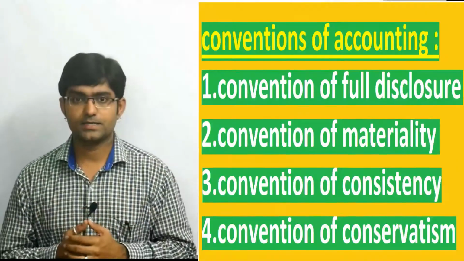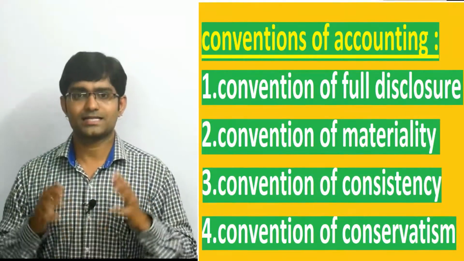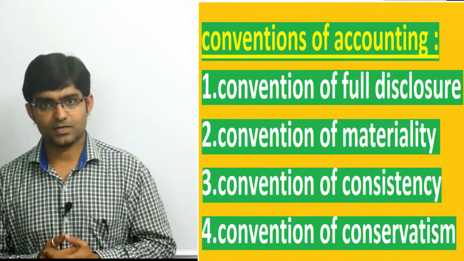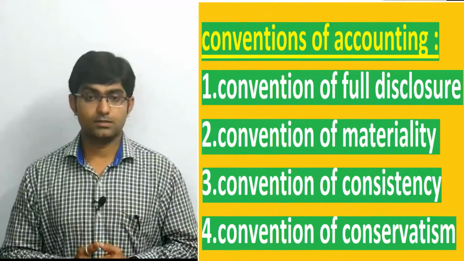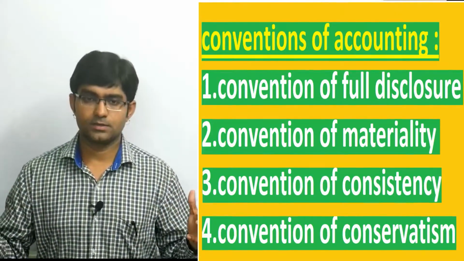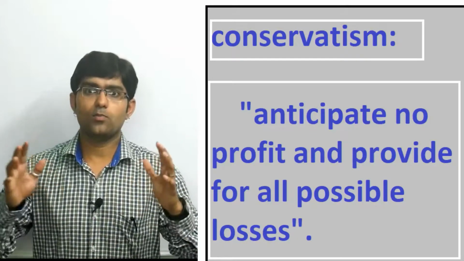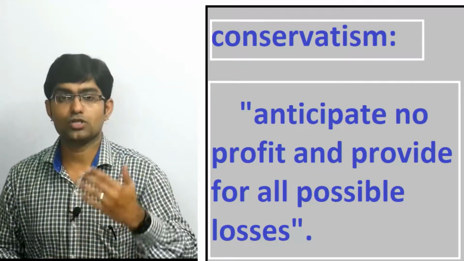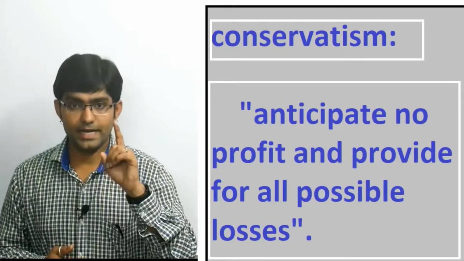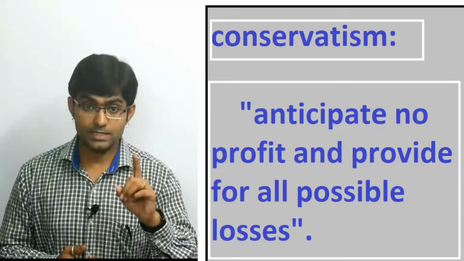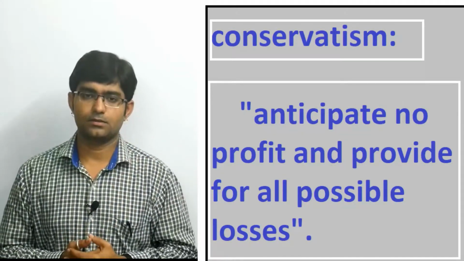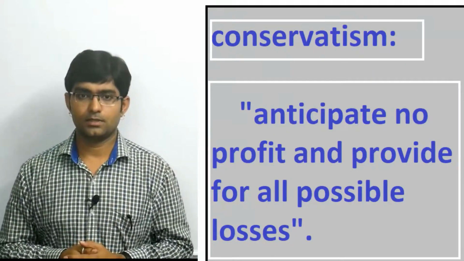The next one is convention of conservatism. What does this convention of conservatism say? This convention says anticipate no profit but provide for all possible risks. If there is a possibility of a gain, until it is realized, unless you are legally entitled to receive that gain, don't recognize that.